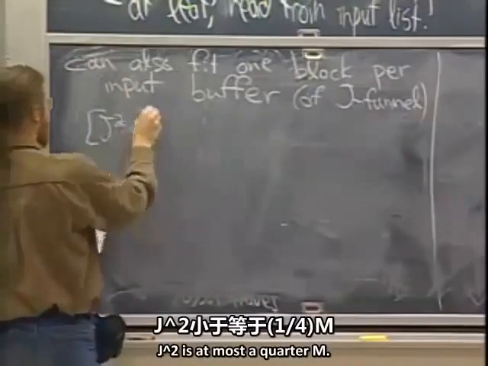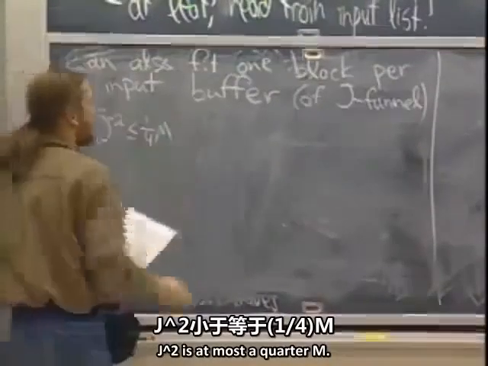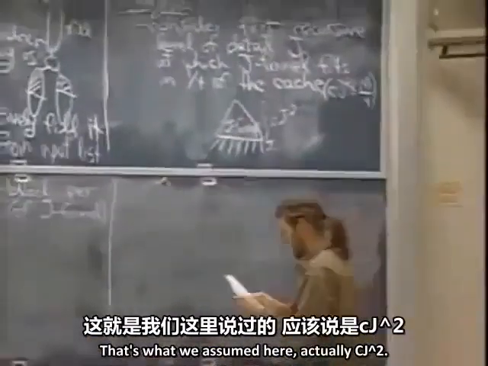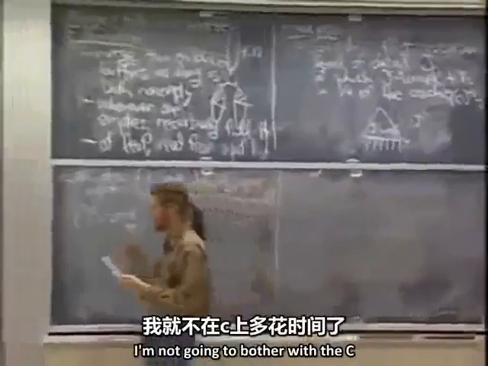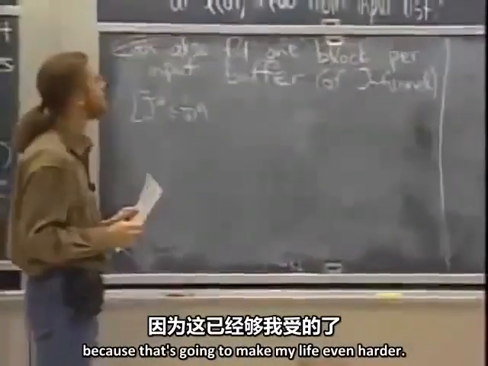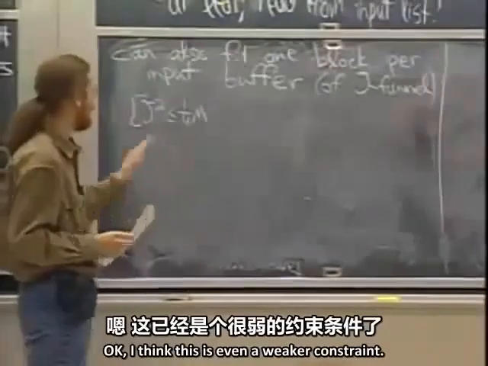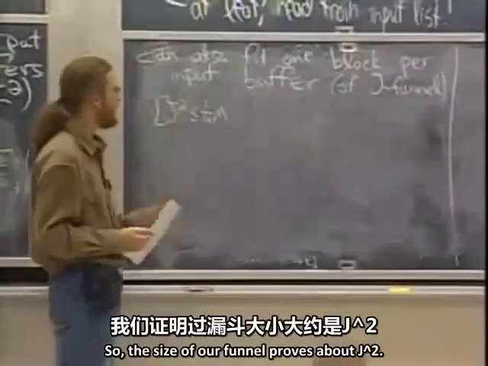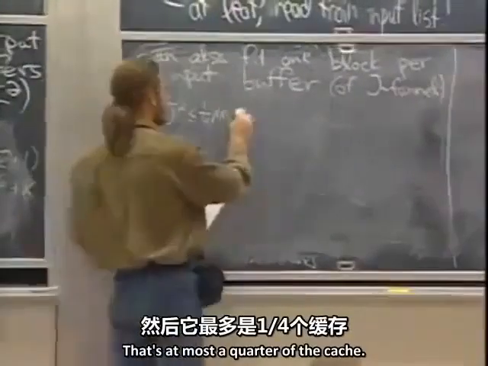J squared is at most 1/4 m. That's what we assumed here. Actually, CJ squared. I'm not going to bother with the C, because that's going to make my life even harder. I think this is even a weaker constraint. So the size of our funnel is about J squared. That's at most 1/4 of the cache.